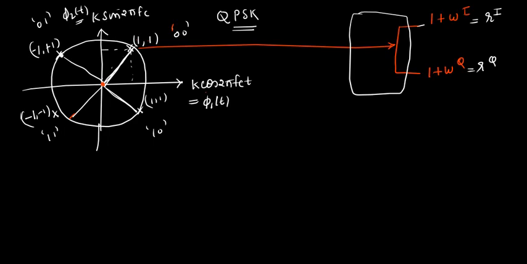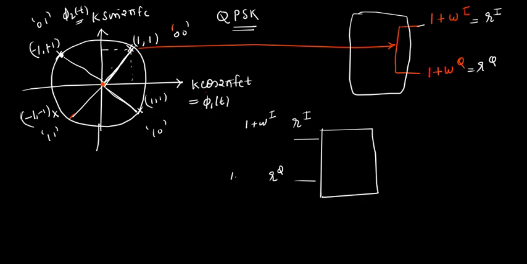Correct. Now your aim is to use these two values at the receiver and tell me what was transmitted. Ri is 1 plus Wi, Rq is 1 plus Wq.